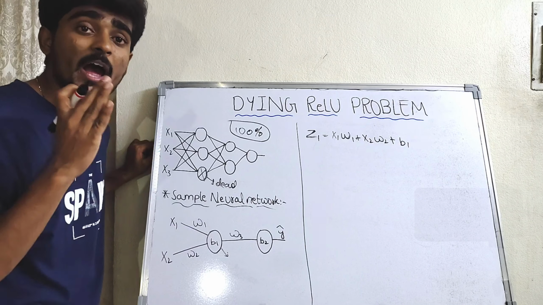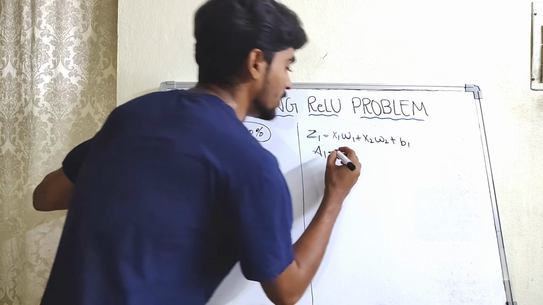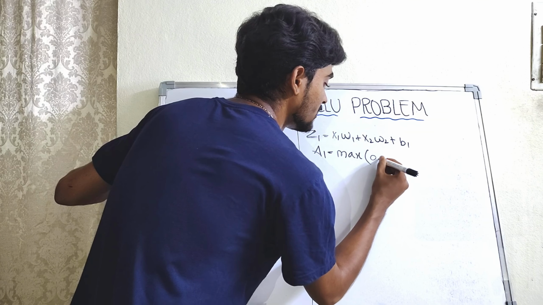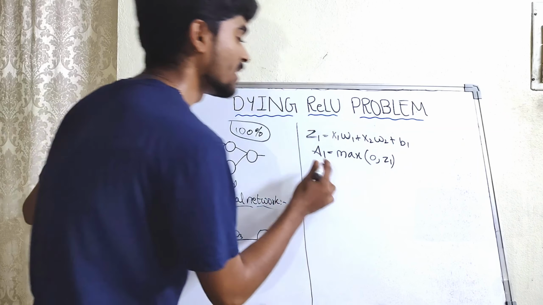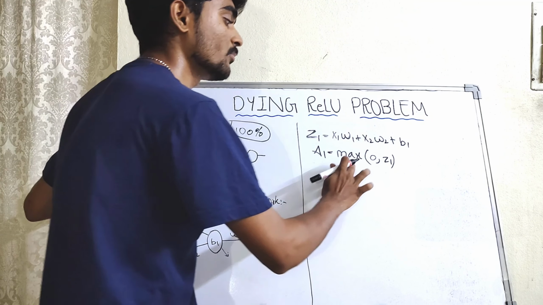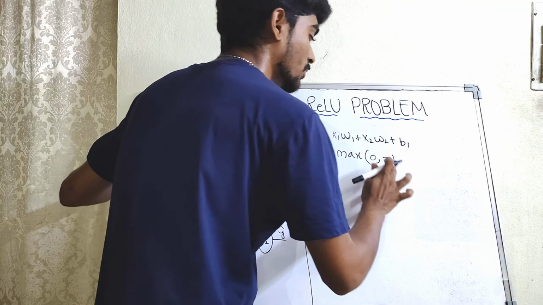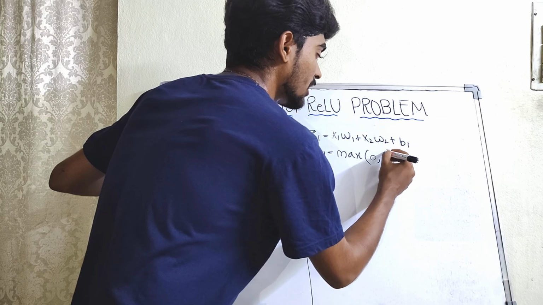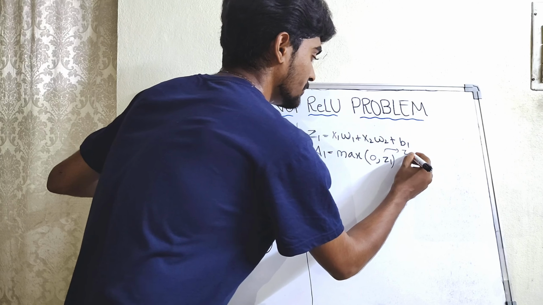What is the formula of the ReLU activation function? A1 is equal to, I'll write it with uppercase letter, A1 = max(0, z1). When z1, the weighted sum value, is positive, the output of the ReLU activation function will be z1.